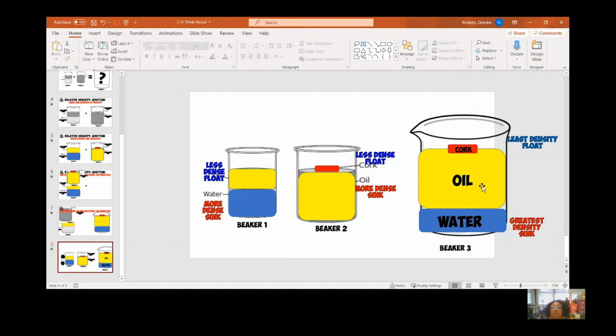The cork, which is at the top, has the least density and it's floating on top of the oil. The oil has the middle density because it's in between the cork and the water. You have just done relative density addition, and all you had to do was be an artist and color and match. There you have it.